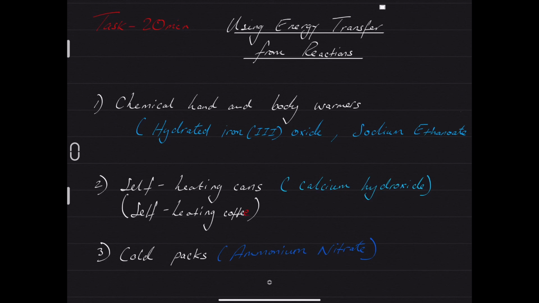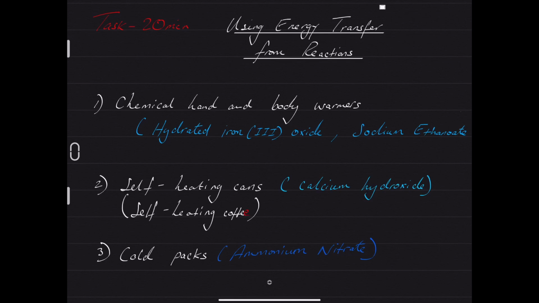I want you to use ammonium nitrate as your baseline in terms of instant cold packs. Tell me whether the use of instant cold packs is endothermic or exothermic. And I want you to give me a brief outline of how the product works and if there's any history to the product as well, how they've been made in the past.